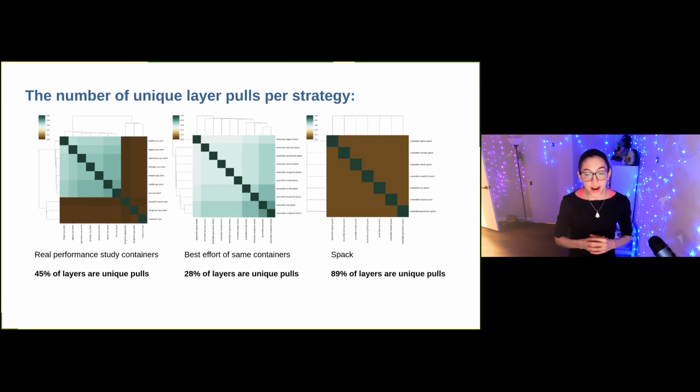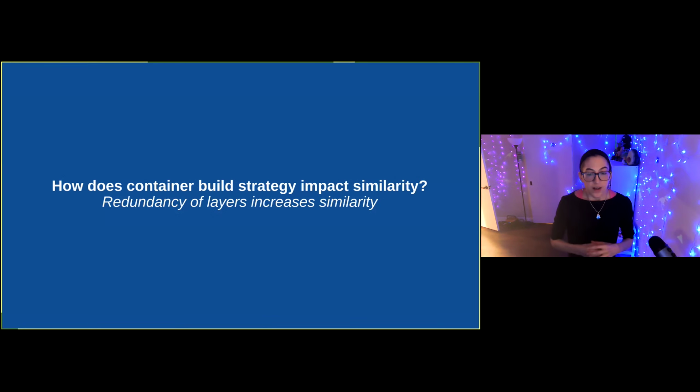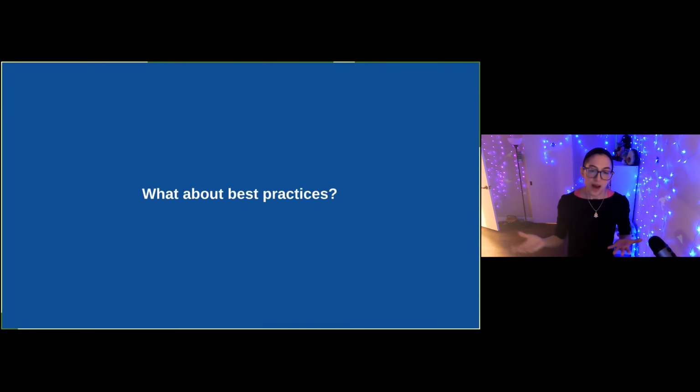So that's much better. And then with SPAC, because there's largely no redundancy, probably just that base image layer, a huge 89% of layers are unique. So what we kind of knew, but I wanted to empirically see, is that redundancy of layers increases similarity. So what about best practices?